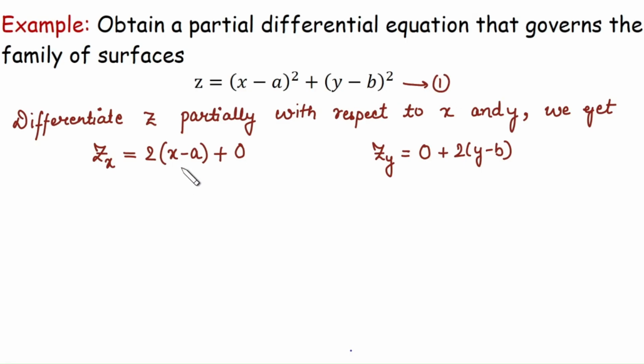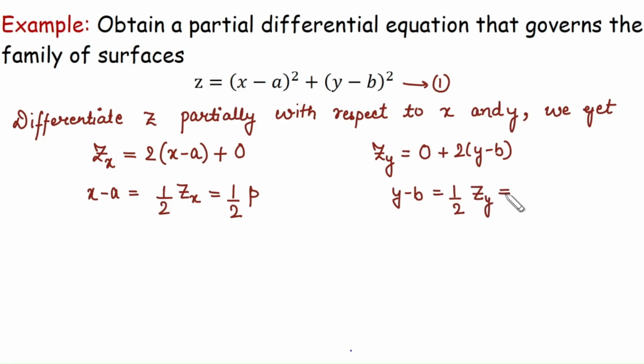In the given expression, we have x minus a and y minus b. We can directly find the value of these factors, and we are getting x minus a is equal to 1 by 2 into the partial derivative of z with respect to x, that can be also written as 1 by 2 into p, and here y minus b is equal to 1 by 2 into the partial derivative of z with respect to y, or we can say 1 by 2 into q.